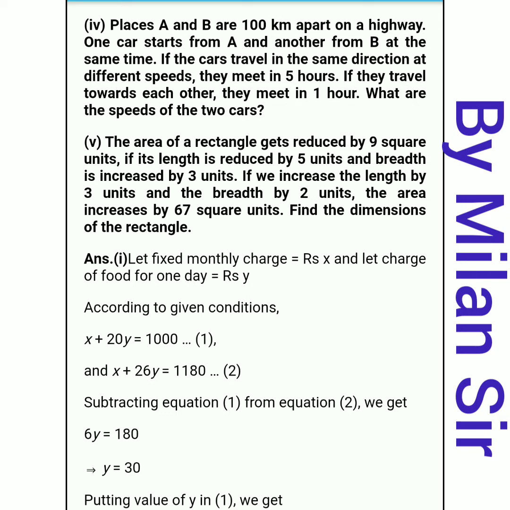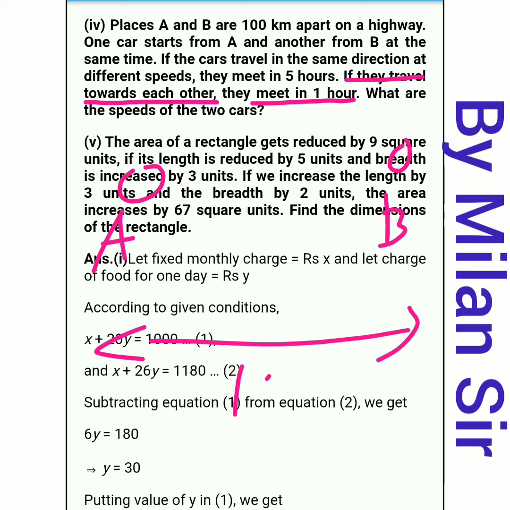For the second equation, read this line: if they travel towards each other, they meet in 1 hour. Here point A, here point B, total distance is given as 100.